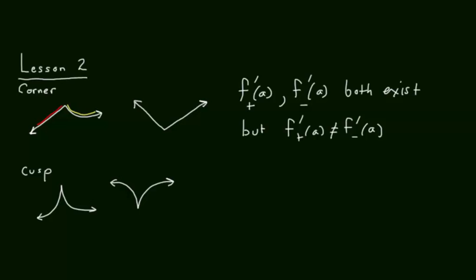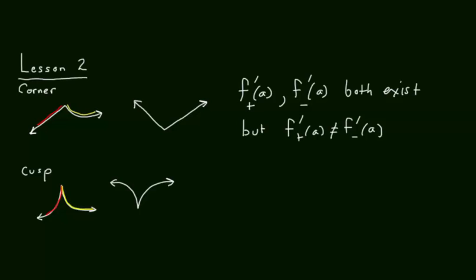Now, what makes this cusp different than the corner is the fact that not only do the two one-sided derivatives differ, but this slope, you see, maybe this is positive 2, and then it's positive 5, and then positive 10, and really large. This is actually approaching positive infinity. And as we approach from the right, it's approaching negative infinity.